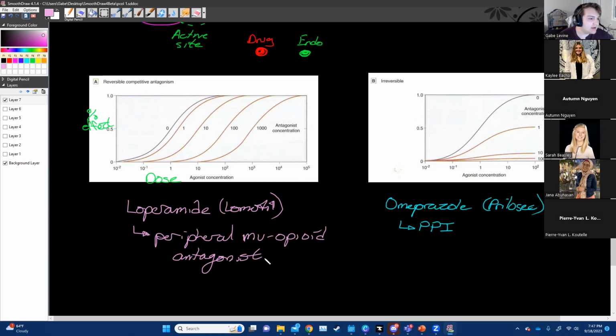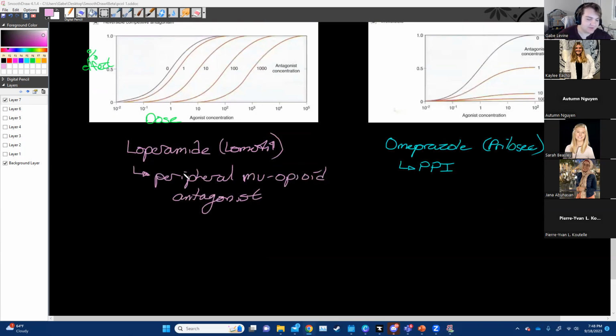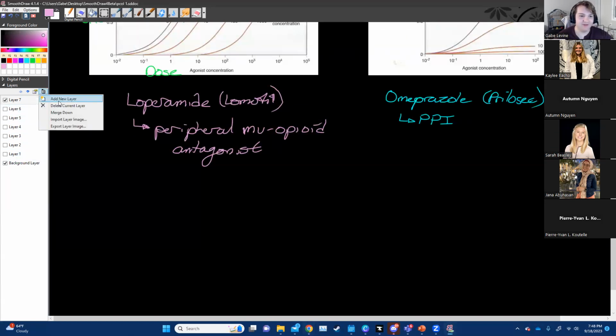If someone overdoses on loperamide, we can give them an agonist in order to reverse the effect of loperamide. Is it an antagonist? I'm pretty sure it is. Opioid. Or maybe I'm misremembering my drugs. Anyways, the name of the drug doesn't matter. We are just looking at examples. I don't think it's loperamide, but I can't remember the drug off the top of my head. So I'm going to leave it and we're just going to move on.